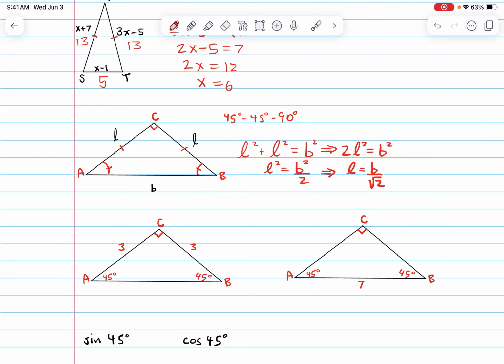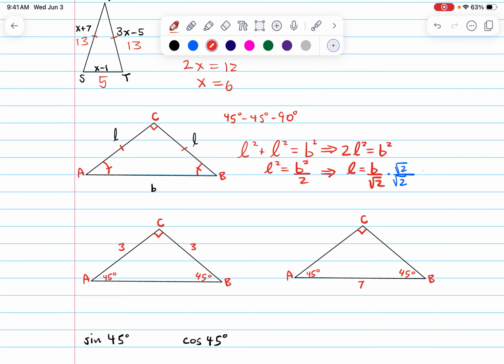Now, that seems a little bit abstract. Let me rationalize the denominator. I'll just multiply the top and the bottom by the square root of 2. It's not always necessary to do this, but for this case, rationalizing the denominator is going to help us.